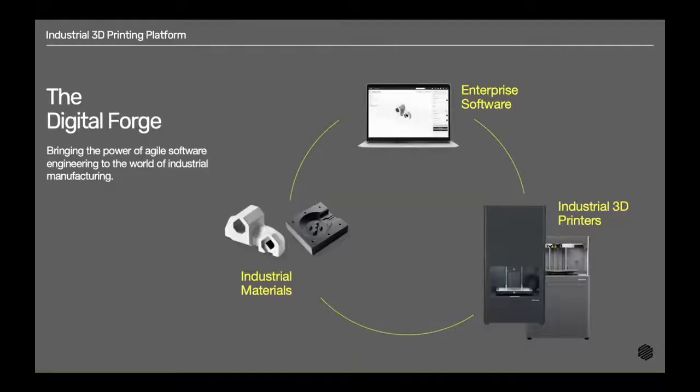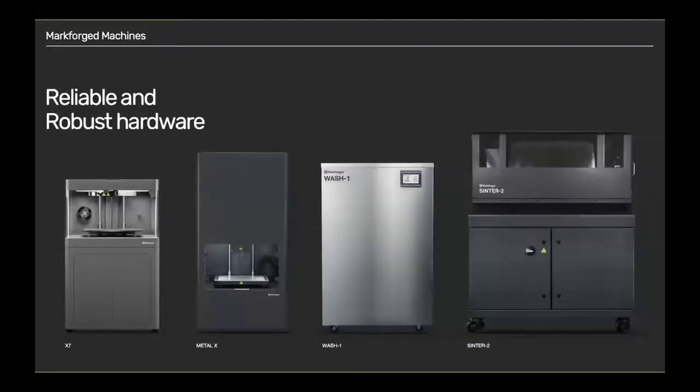Together we have the Digital Forge, which combines our industrial materials, enterprise software, and industrial 3D printers. Here's a snapshot of what our actual printers look like: the Industrial X7 on the left and the Metal System on the right.